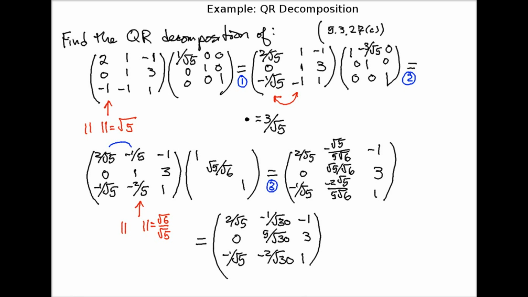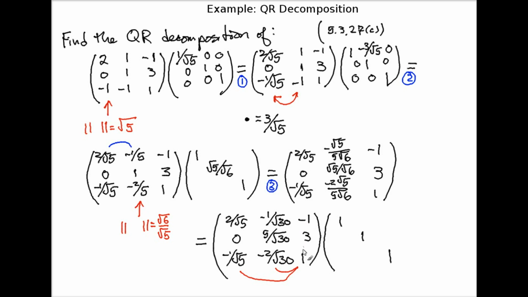And then the next thing that you need to do is you need to look at the inner product of these two columns and these two columns and multiply on the right by the corresponding numbers. And what you get is the following. When you take the inner product of the first two columns, what do you get?